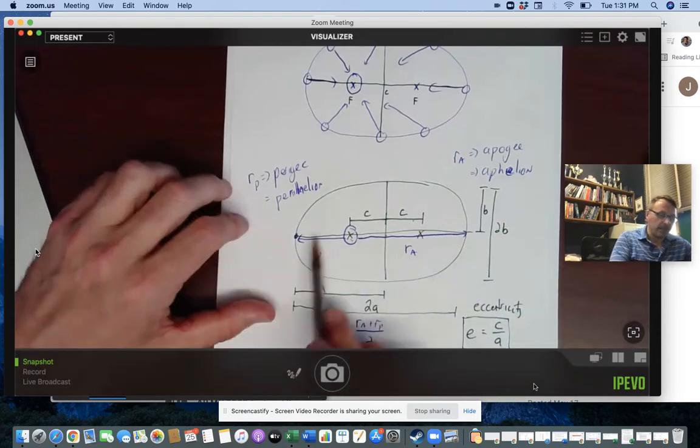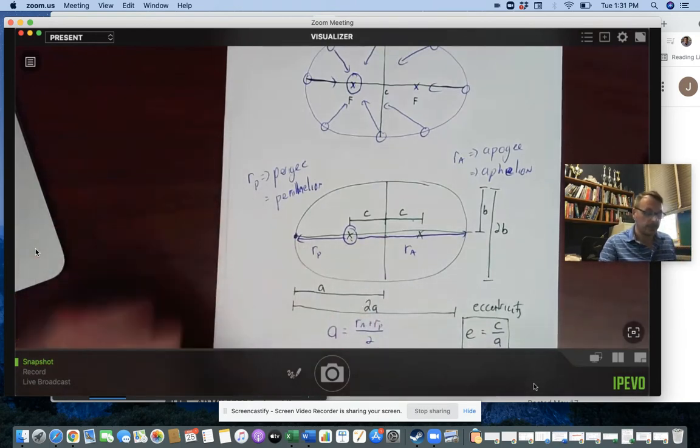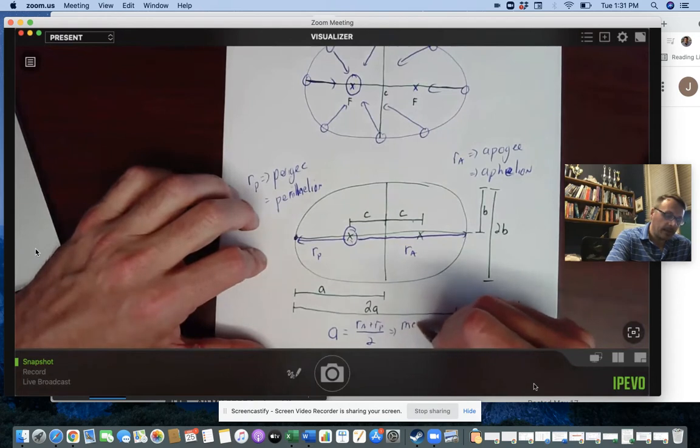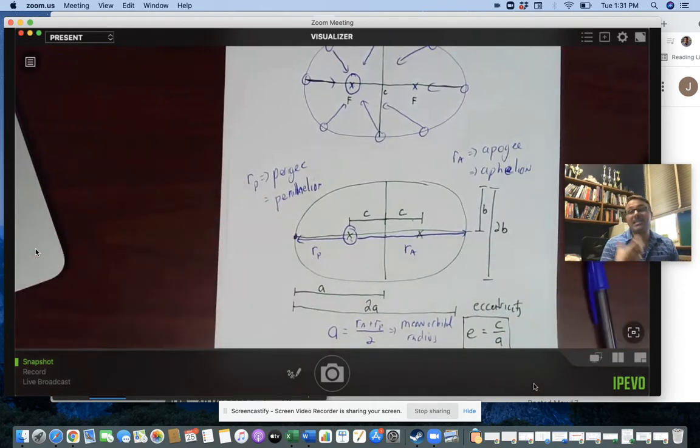It's just that distance plus that distance divided in half. Sometimes this is called the mean orbital radius, because we want to acknowledge that the radius is not constant when going around an ellipse. So we tend to talk about elliptical orbits in terms of their semi-major axis or their mean orbital radius. That's just a little bit about the geometry of an ellipse.